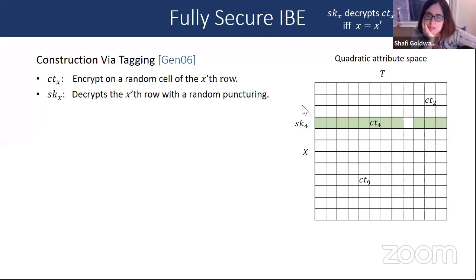Rotem, just to make sure that I understand this matrix. So the rows here are X's, yes, attributes? Those X's are the attributes, yes. The rows are the X's and the columns are the X's?